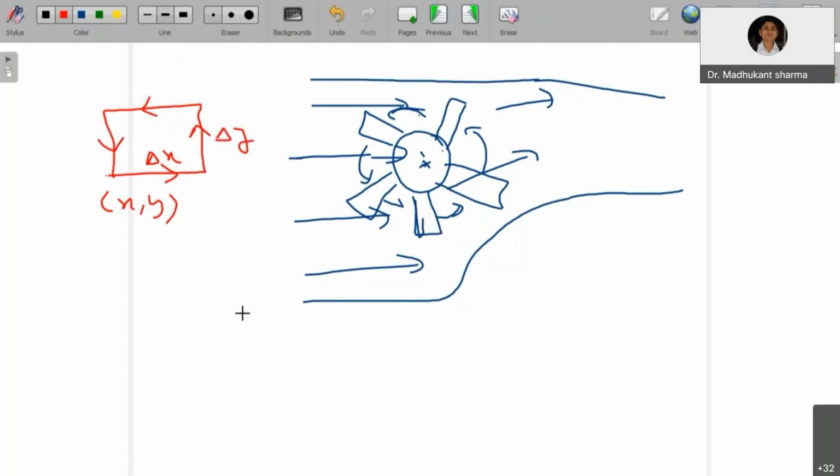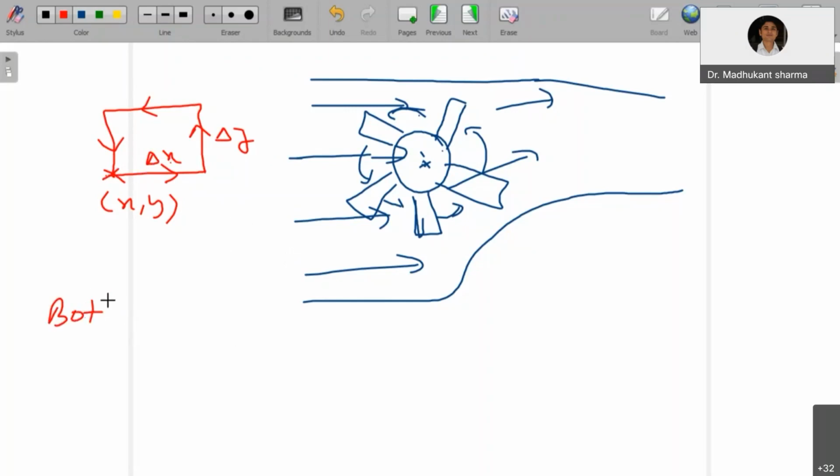Now as delta x and delta y tend to 0, you are able to get the circulation at the point x comma y of a vector field. So let's talk about this.